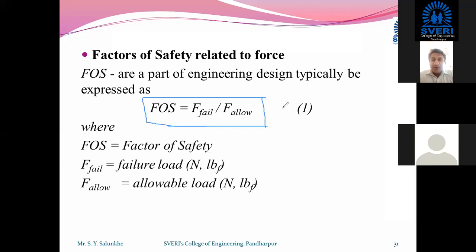The force required to fail that component is denoted by F suffix fail, measured in Newton, and it is divided by F suffix allow, which is the maximum value of force that the component is allowed at the time of working. That means in normal working, if the force applied is 10 Newton, then the failure may take place at 15 Newton.